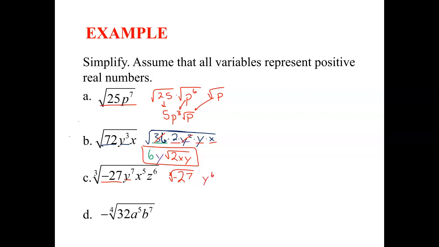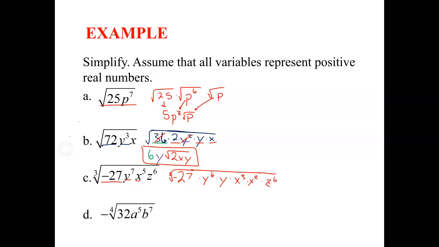So y to the 6th and y. X to the 5th. Can 4 be divided by 3? No. 3 and 2. X to the 3rd and x squared. Remember, I want third root, so I'm looking for multiples of 3. Z to the 6th. Z to the 6th is good.